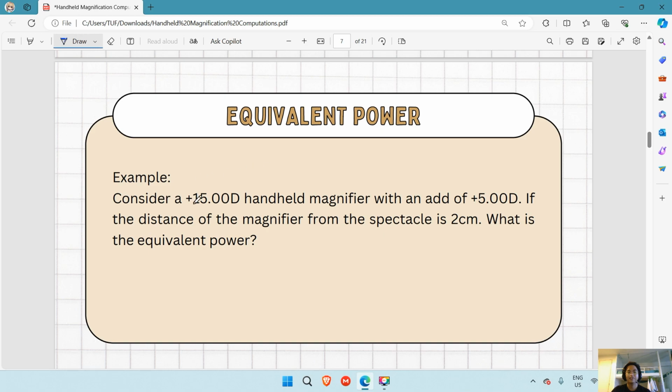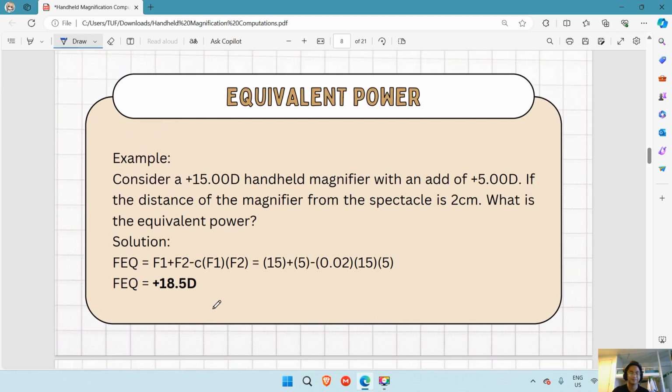And then, for example, for the equivalent power, we consider a plus 15 diopter handheld magnifier with an add of plus 5. If the distance of the magnifier from the spectacle is 2 centimeters, what is the equivalent power? So, what is the solution for this?